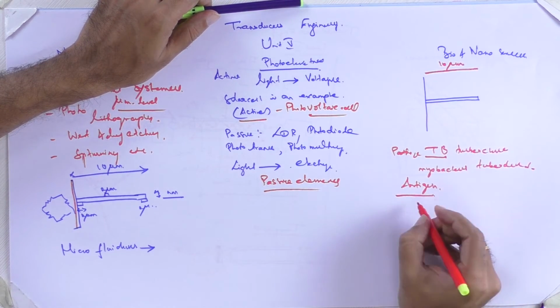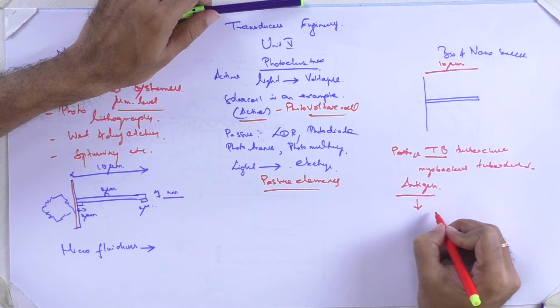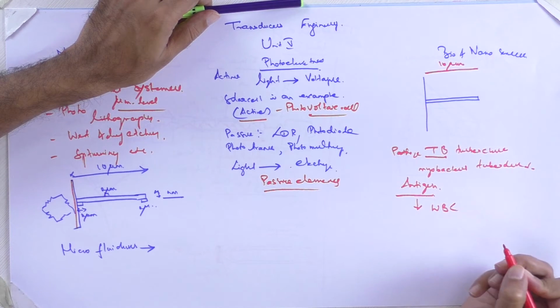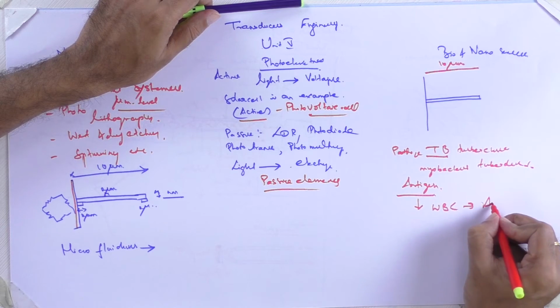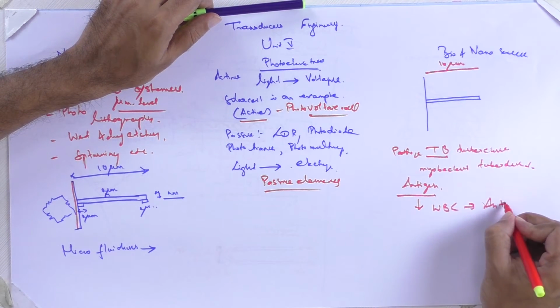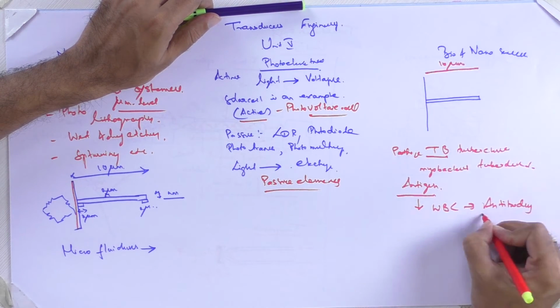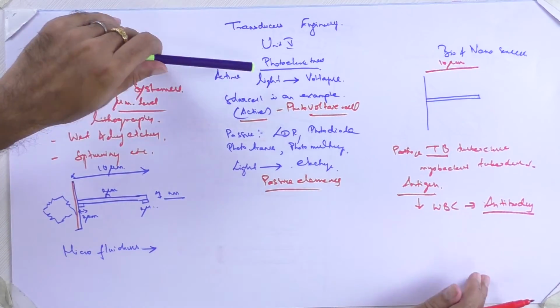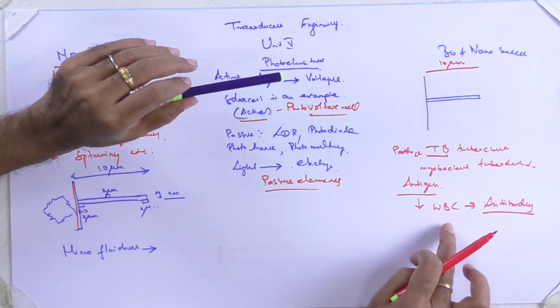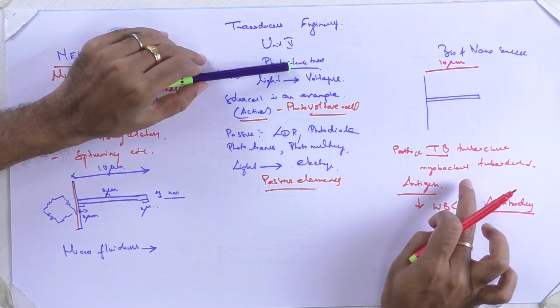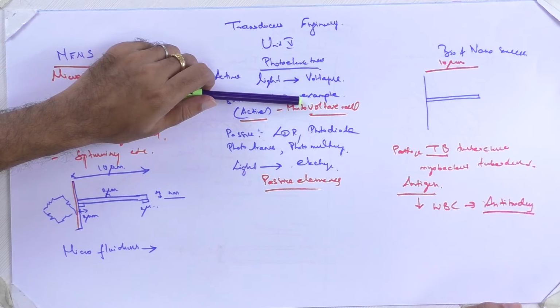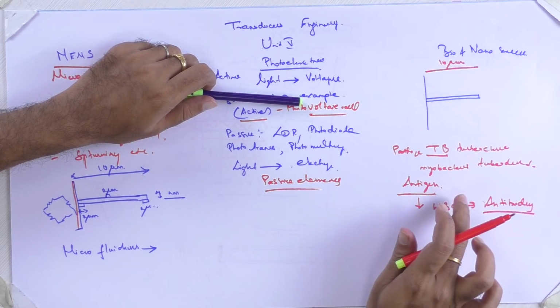And for this antigen, our body's WBC, or white blood cell, produces the antibody. This antibody produced by our white blood cell is very specific to the disease.